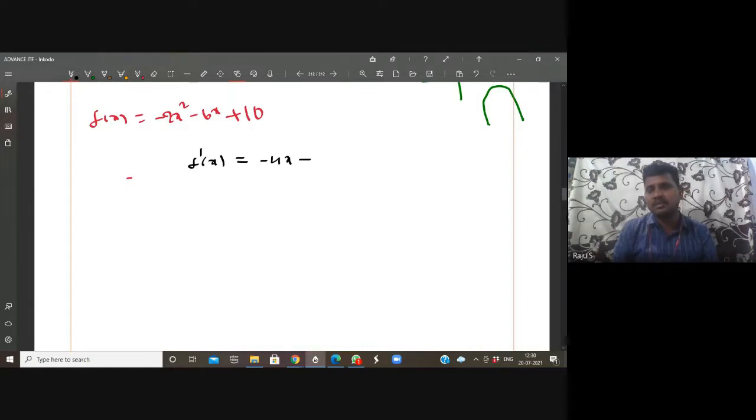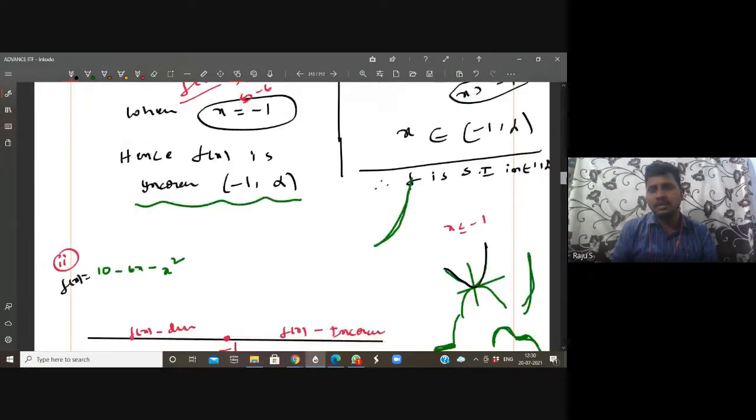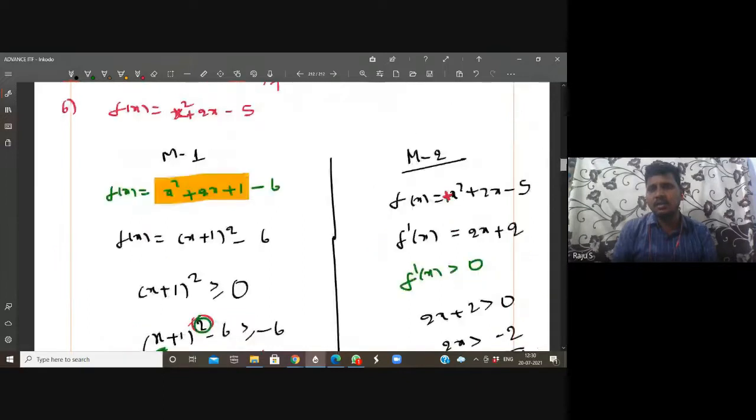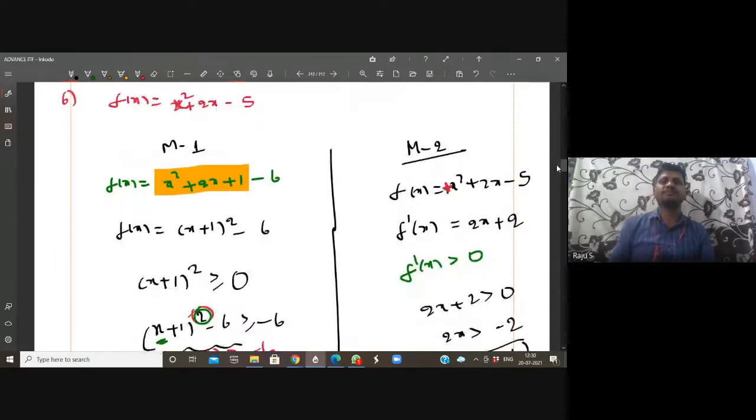Students, here the x square coefficient is negative. Based on the x square coefficient, we can use this condition for finding minimum and maximum.